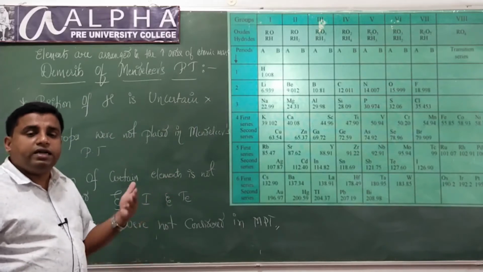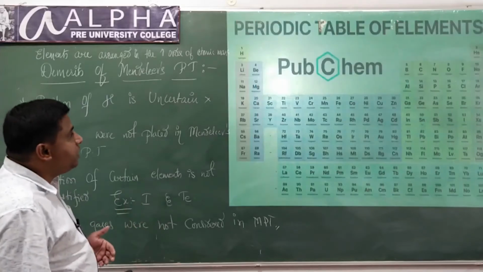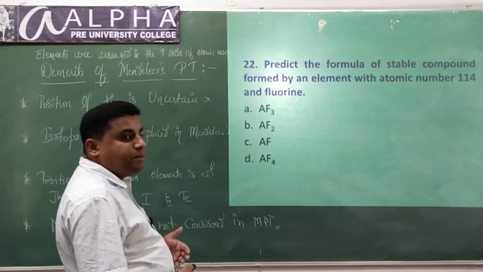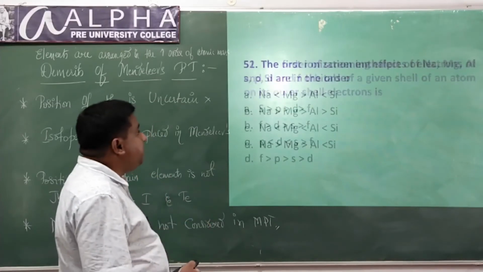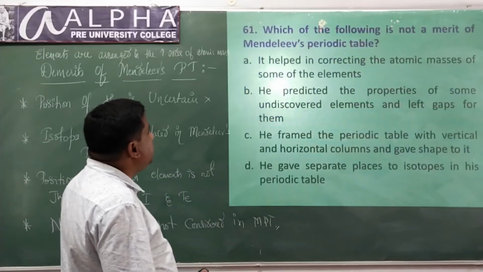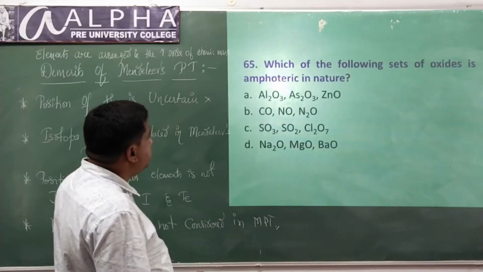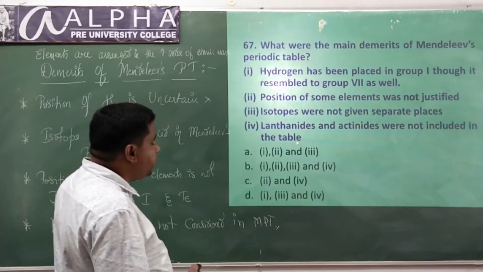That means it is also going to be one of the demerits of Mendeleev's periodic table. So there are no lanthanoids and actinoids in the Mendeleev's periodic table. That is also another drawback. Got it? So the fourth: lanthanides and actinides were not included in the table.